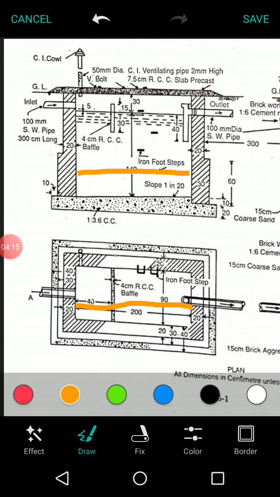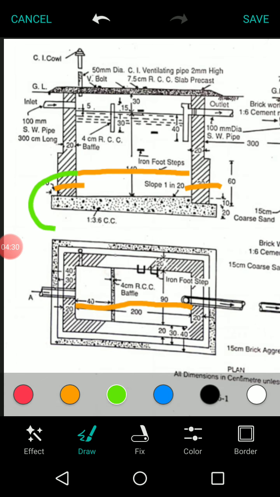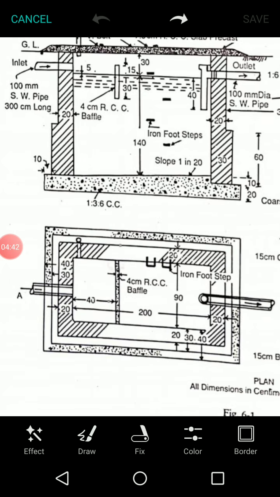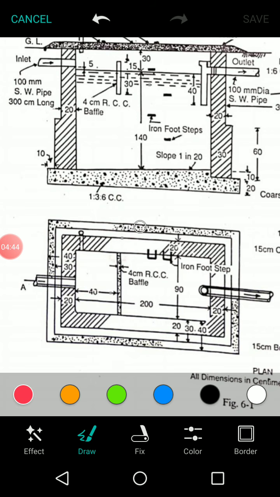Plus the thickness of the masonry wall here, 30 centimeters plus 30 centimeters, and the bearing of bed concrete, that is 10 centimeters on both sides. So this will be 2.8 meters, correct? And what about the breadth? The breadth they have given is 1.7 meters, correct?